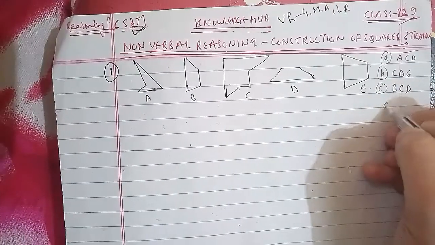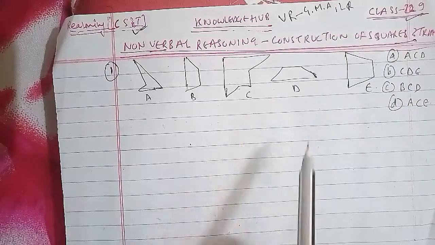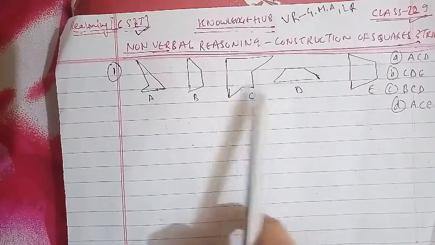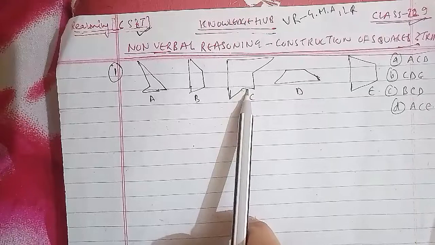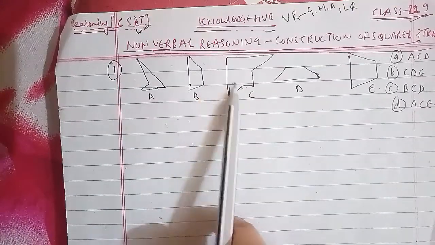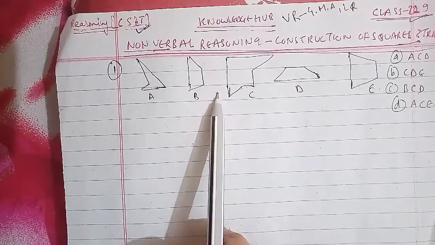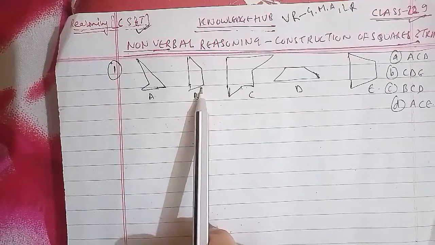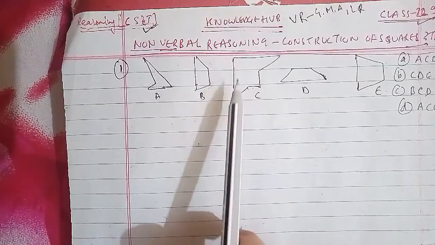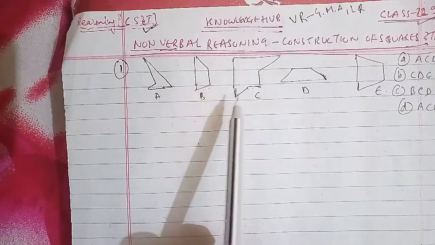The only figure with a right angle is figure C, as you can see in this figure, and figure B fits into it, as will be shown here. After fitting C and B, figure D completes the square, and by fitting it into the above combination, the completed square appears as shown.